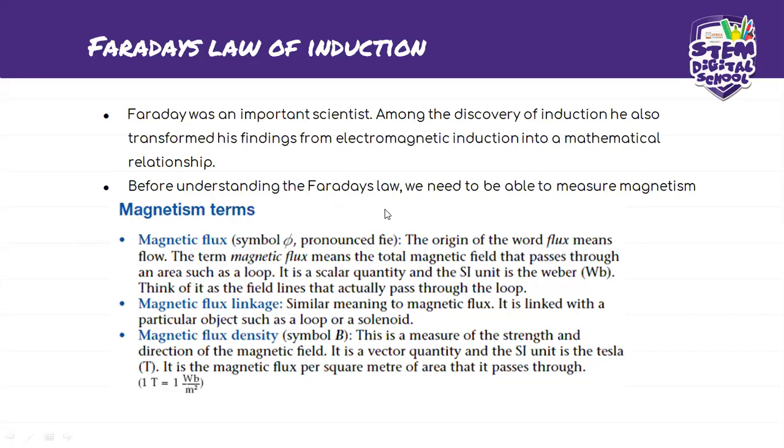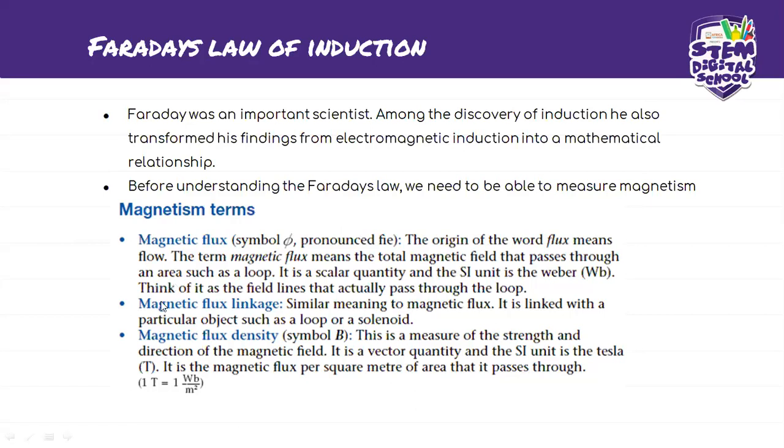Then we have the magnetic flux linkage. This has a similar meaning to magnetic flux. It is linked with a particular object such as a loop or a solenoid.